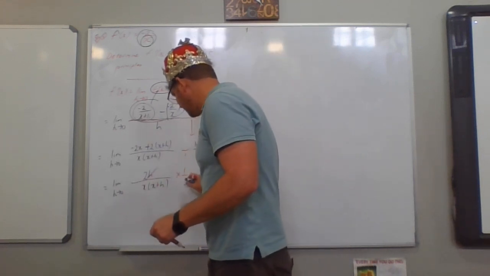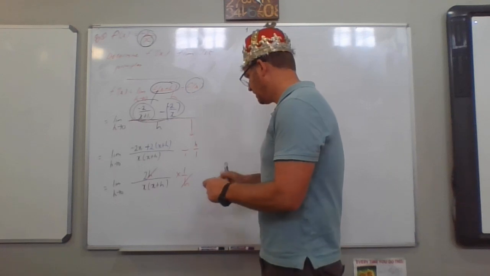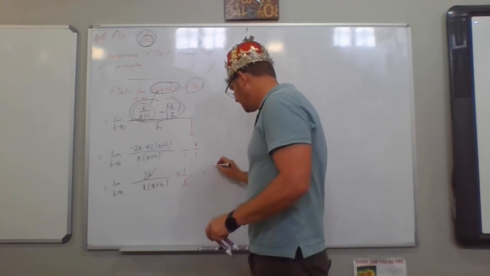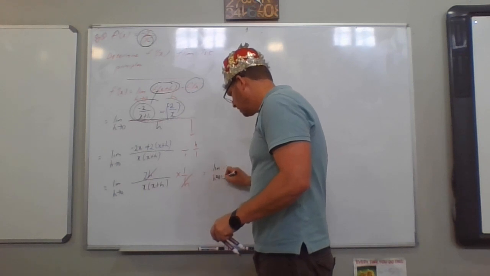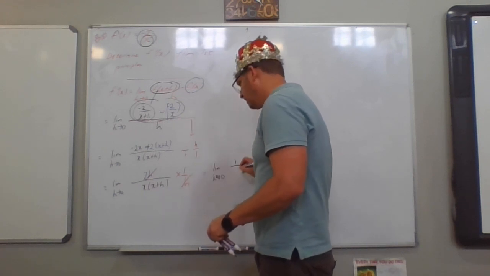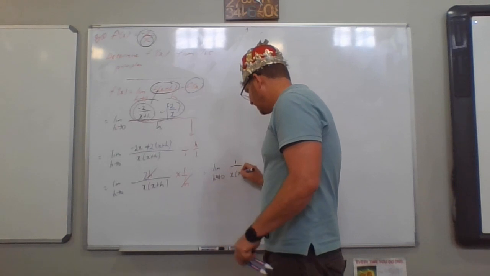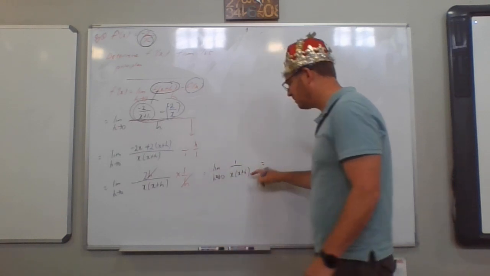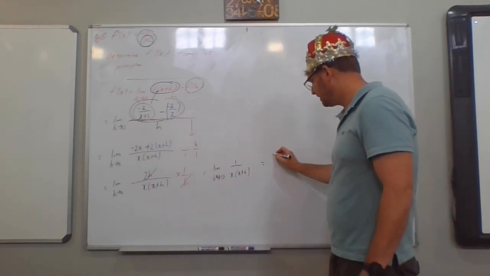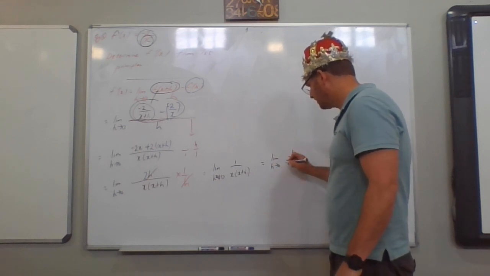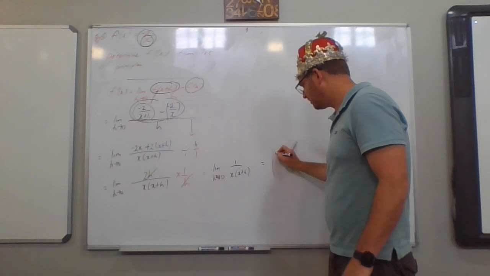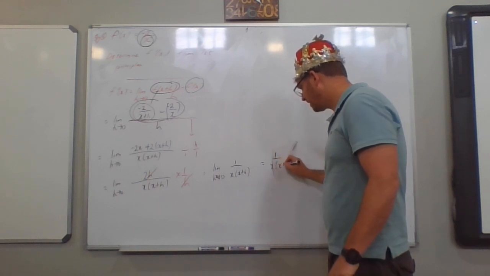Well, now that h and that h can cancel, and I'm left with the limit as h tends to 0 of 1 over x plus h. And now I can replace the h with 0. So I get the limit as h tends to 0 of 1 over x, plus 0.